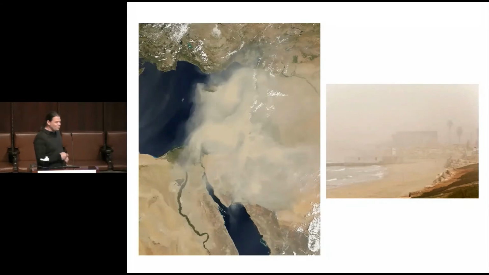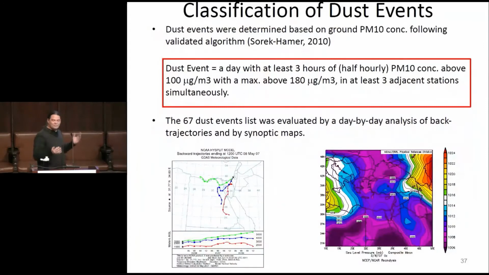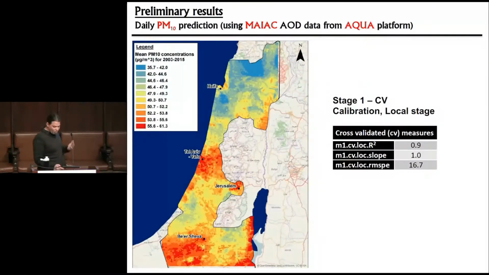This is how it looks if you look outside the window. PM levels are in the extreme. So we had to develop a classification of dust events, and this is also work by Dr. Sorek-Hammer, where we classified which day is a dust event and which one isn't in order to better fit the models. This is the final result of this work in Israel.